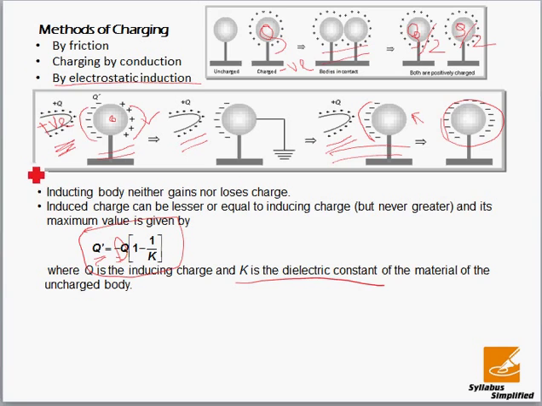As you can see the equation over here, q prime is the charge gained by the body, q prime is equal to minus q, where q is the charge of the inducing body, times 1 minus 1 by k, where k is the dielectric constant of the material.